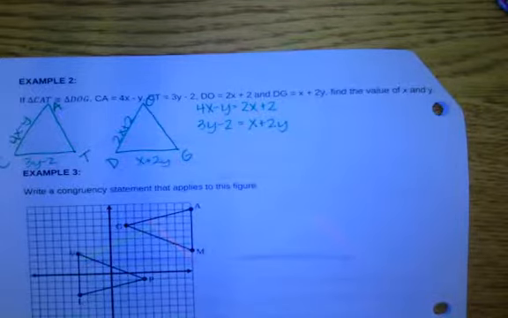Okay. You could do the second equation, you could subtract 2y and make it y minus 2 plus x, and y minus 2. That's what I would do, just to keep it simple.